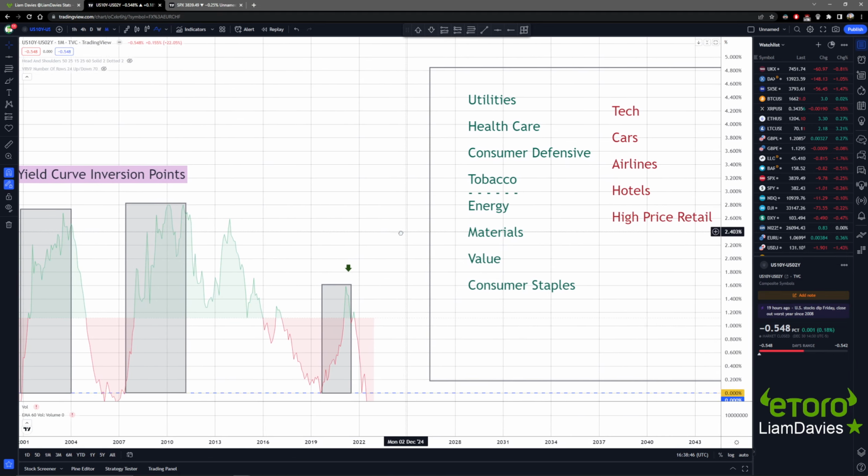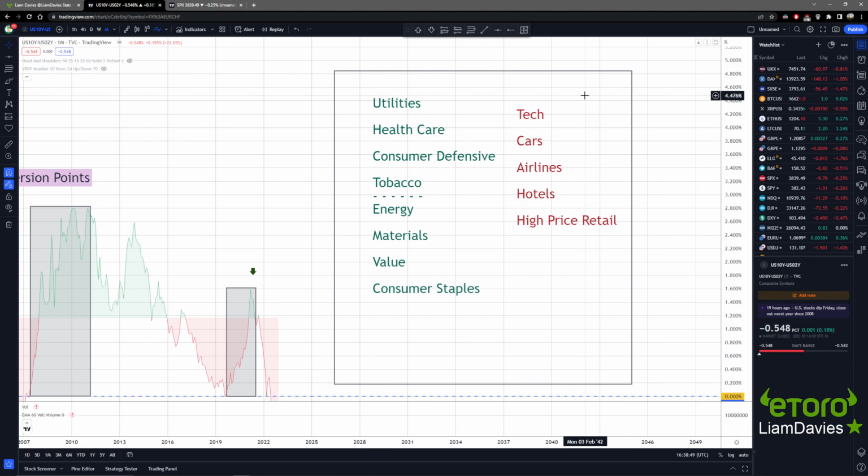And then we may look to avoid or take short positions in these areas. So tech companies, which make up a lot of the S&P 500, and then all these next four, you'd put under the luxury item category. Cars.